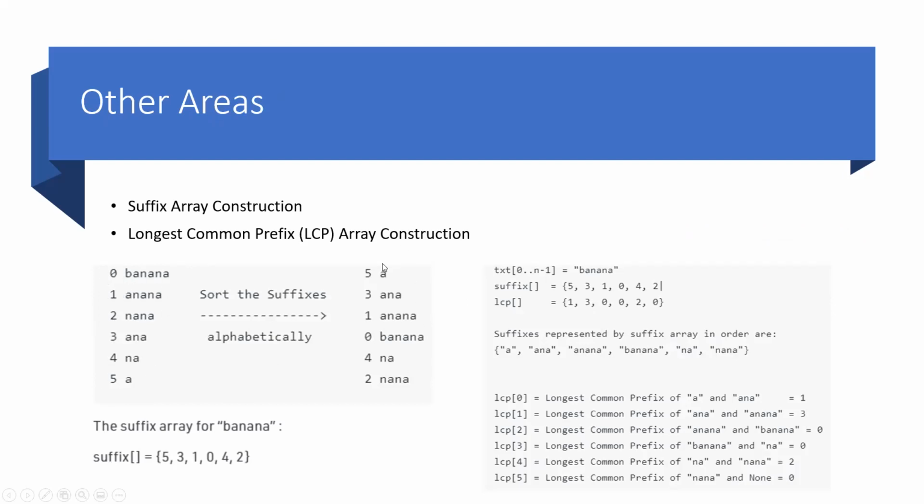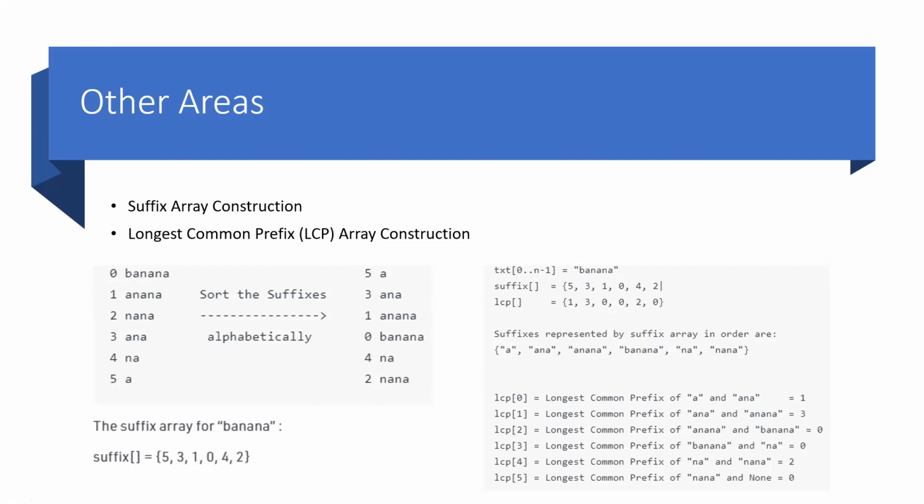And then here's the suffix array construction, where it alphabetizes them and then does it by length, keeping the array number attached to them. So the suffix array for banana would be this.